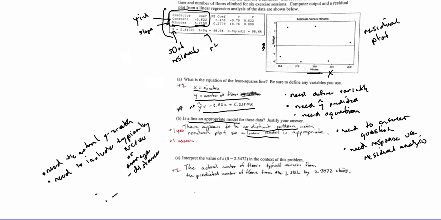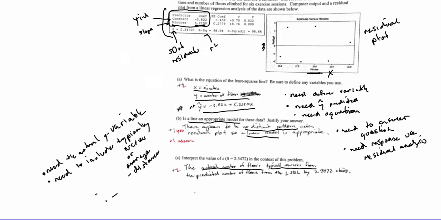Whenever you're talking about standard deviation, in this case the standard deviation of the residuals, you need to have the actual y variable and include typically varies. You can see that right here.